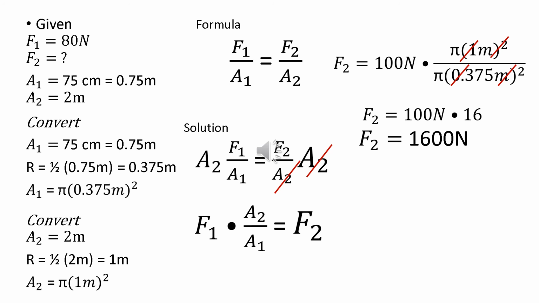Now, let's cancel pi and also the units, so the pi and the meters are gone. Now, 1 divided by 0.375 squared equals 16. So the quotient is 16. Now, force 2 equals 100 Newton multiplied by 16. Then, our force is 1,600 Newton.